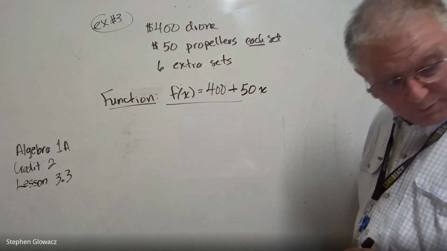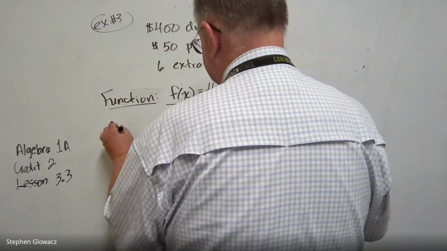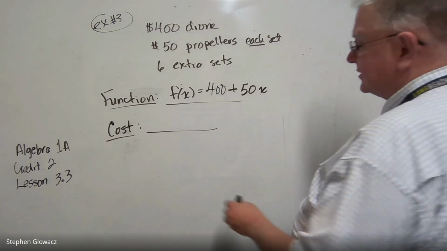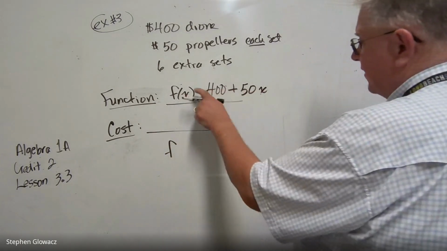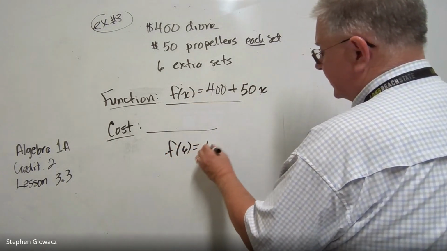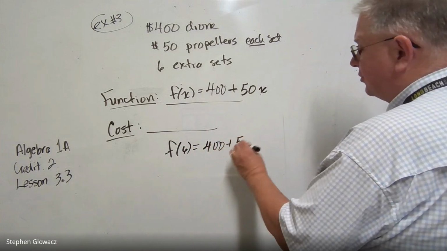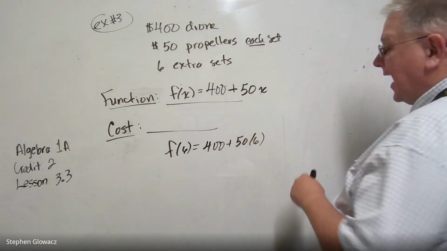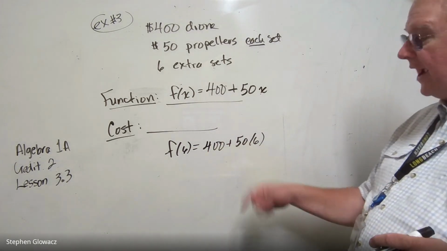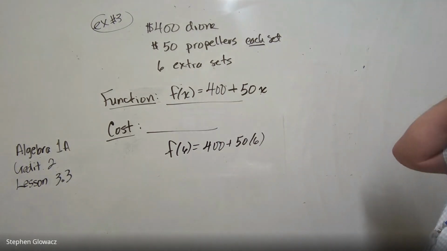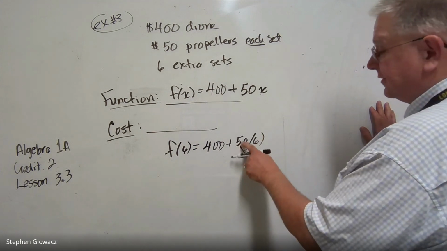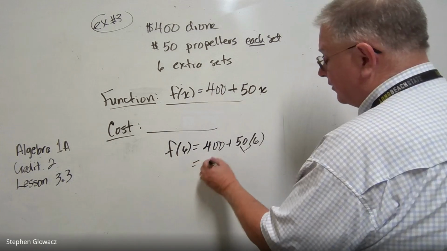Now, the other thing they want us to do is find the total cost. So we know that we're buying 6 extra sets of propellers, so we're going to evaluate this function for the value of x, or when x is 6. So we're going to substitute 6 in for x. And again, even though it's tempting to want to add first because we do things left to right, we're going to multiply first because that's what the order of operations tells us to do. 50 times 6 is 300.